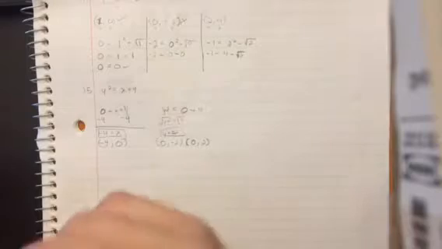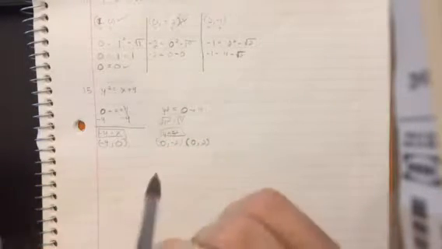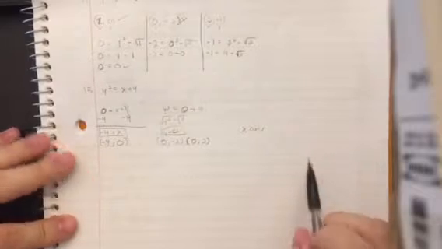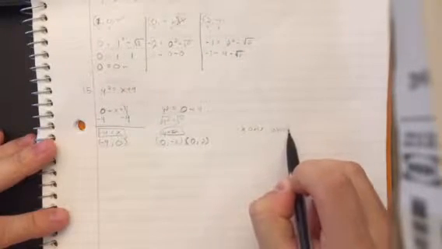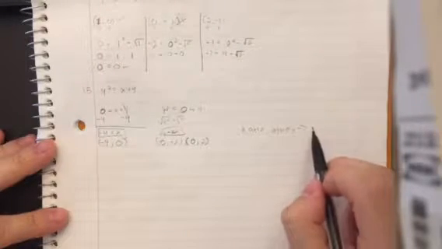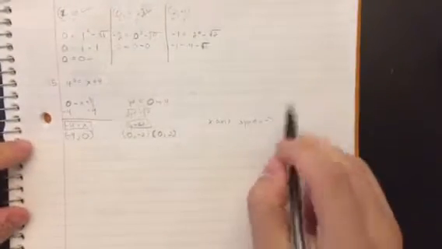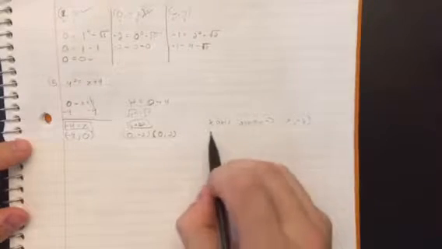And so now it's asking, the question on the Pearson website is asking if this would be symmetric with respect to the x-axis. So we need to remember the x-axis symmetry will make the x stay where it is, stay positive, but it will change the y to become negative.